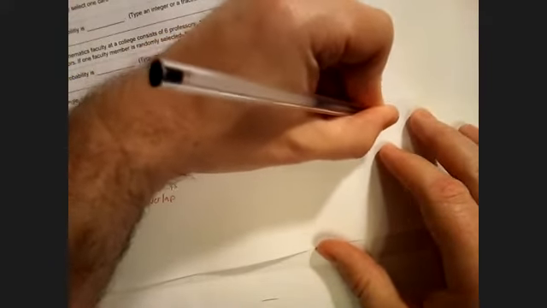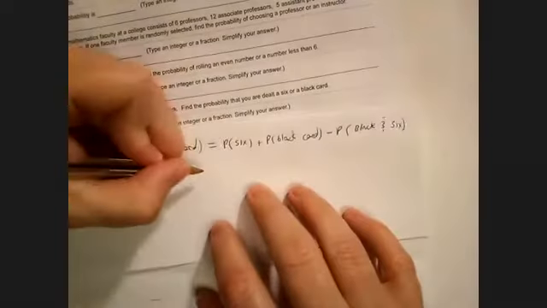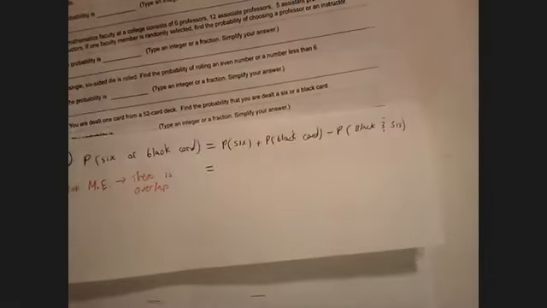Probability of 6 plus the probability of a black card minus the probability of the black 6. And I'm doing it this way because, again, I just want more practice with this formula.